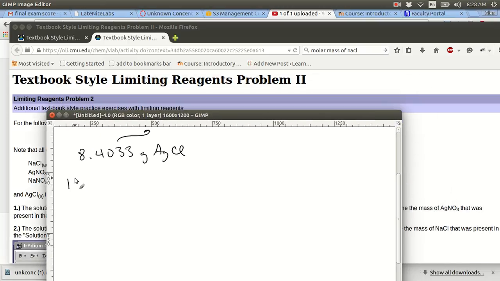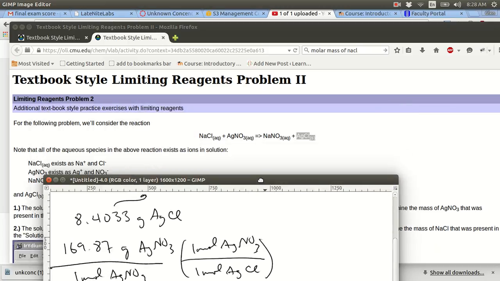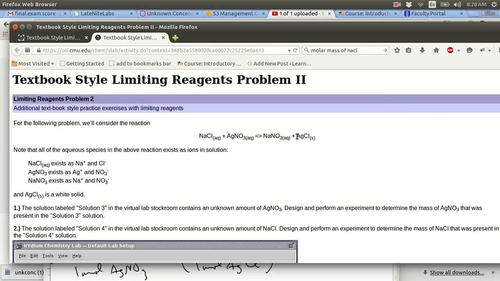So 169.87 grams of AgNO3 are in 1 mole of AgNO3. And 1 mole of AgNO3 makes how many moles of AgCl? I think it's 1 mole, but I'm not sure. So I go look. Look, it's 1 mole. There's no number here, so that means 1 mole of AgNO3 makes 1 mole of AgCl.